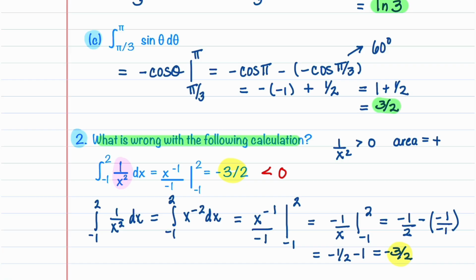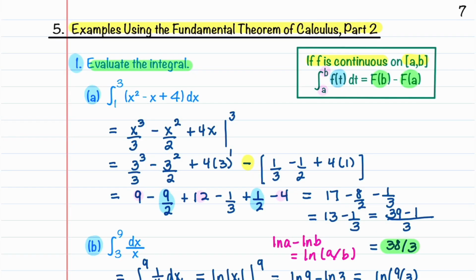What we have to do is go back to the conditions on the fundamental theorem of calculus. Let's go back up at the top and let's look at this. Our condition told us that f has to be continuous on the closed interval in order for us to use this theorem.